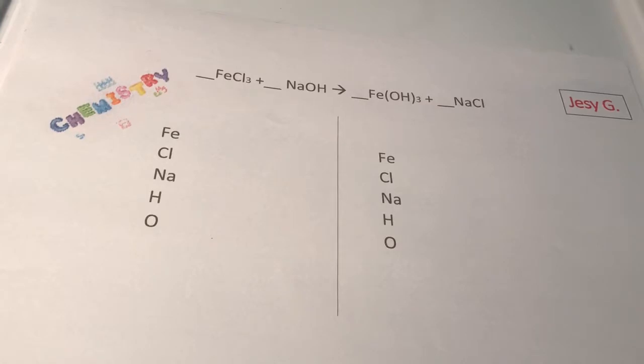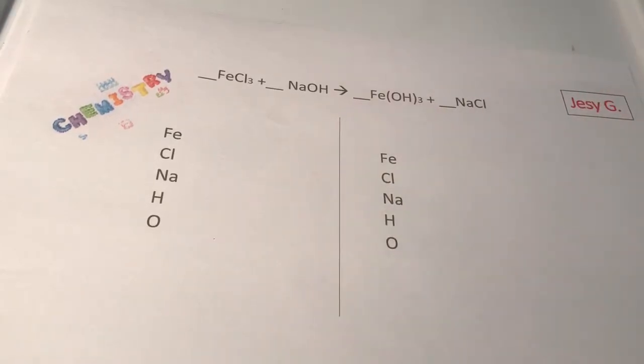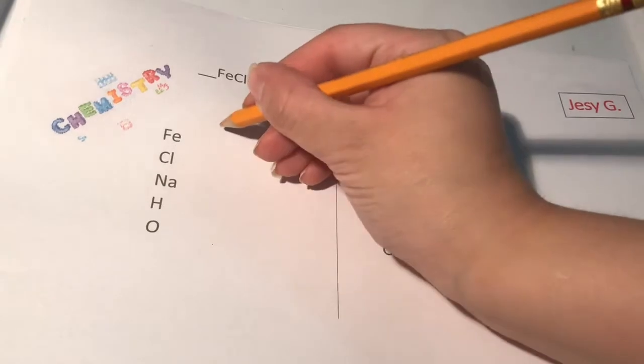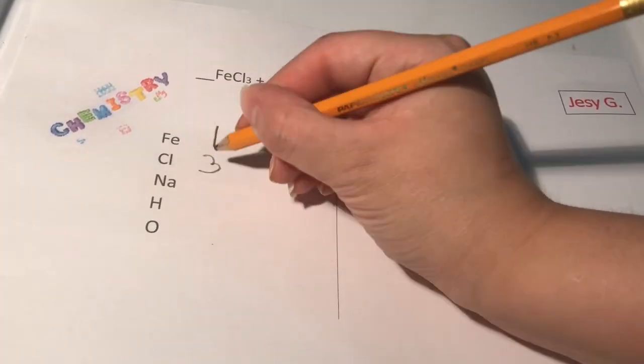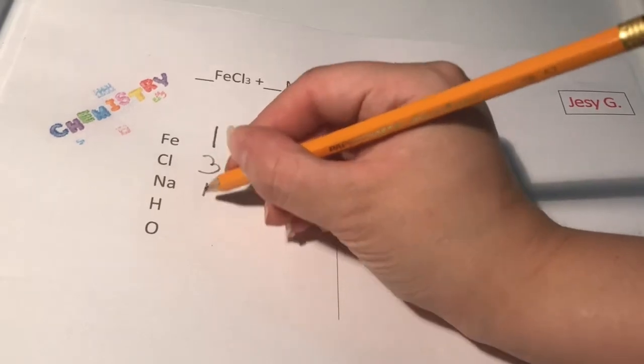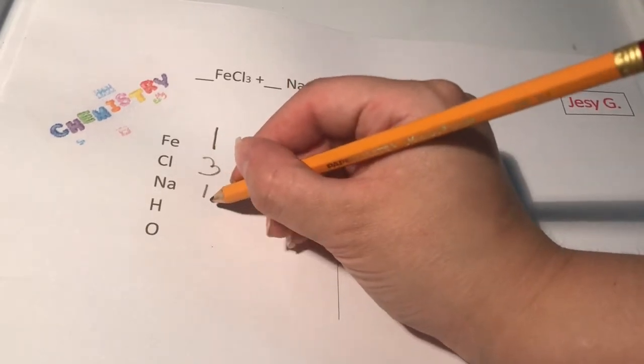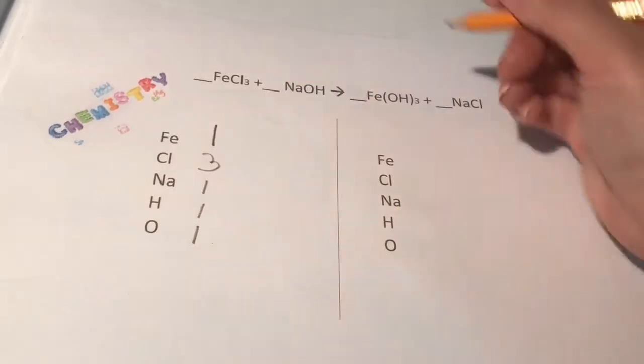Okay, so in this equation we have iron 3 chloride and sodium hydroxide on the left side. We're going to start counting our ions. First we have 1 iron, 3 chlorides because of the subscript in front of the chloride ion, 1 sodium, 1 hydrogen, and 1 oxygen.